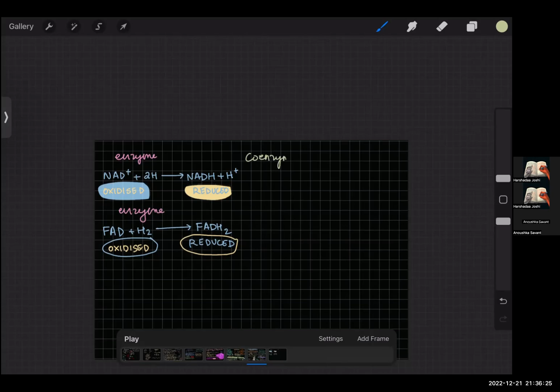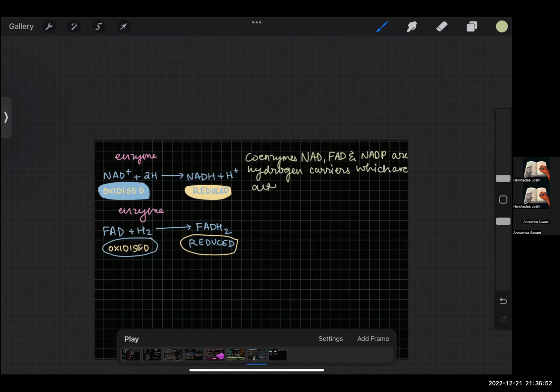Coenzymes NAD, FAD, and NADP are, bless you, which are alternately oxidized and reduced.